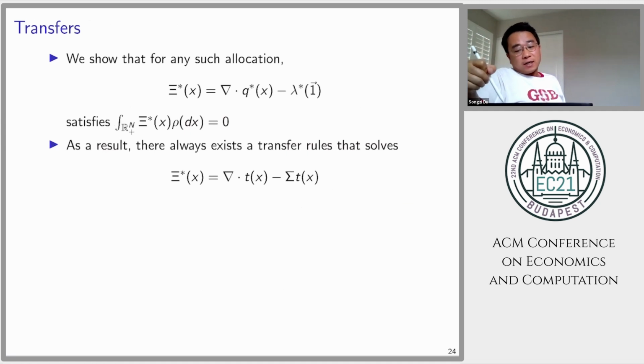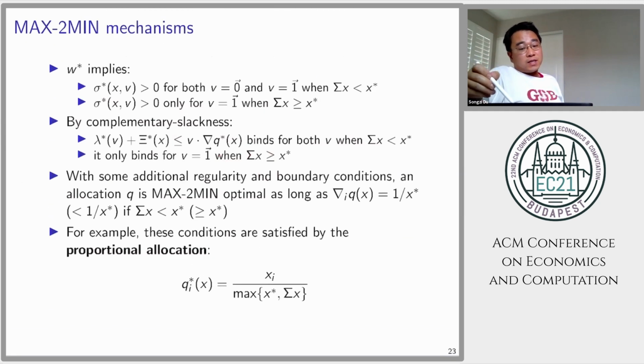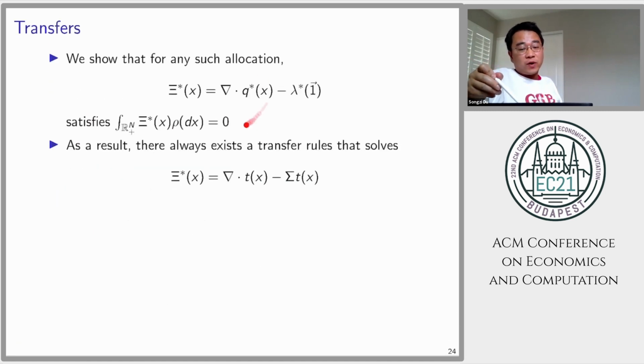Okay, and finally, right, so we said that this constraint has to be always binding when v is equal to 1. Okay, so if we know what the allocation is, we can work out the transfer, right?